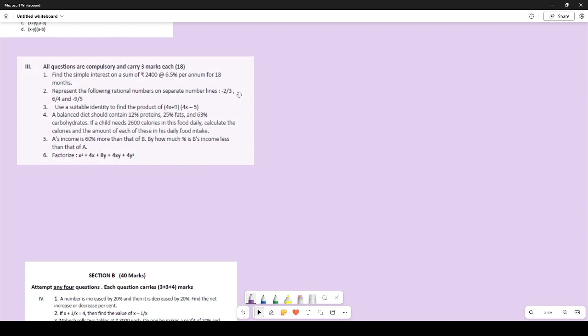So find the simple interest on a sum of 2400. So we put up the simplest of the formulas. I is equal to P into R into T. Now T is 18 months, right? So you have to convert it into years. And the rate is 6.5, so you write 65 and you write 10 over here to convert this into a simpler fraction as well.